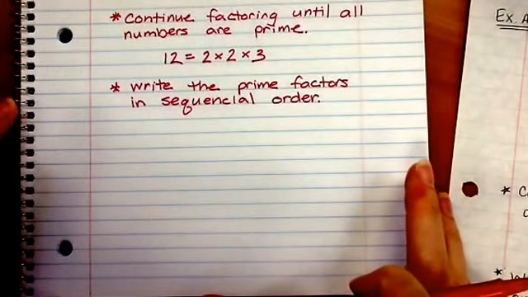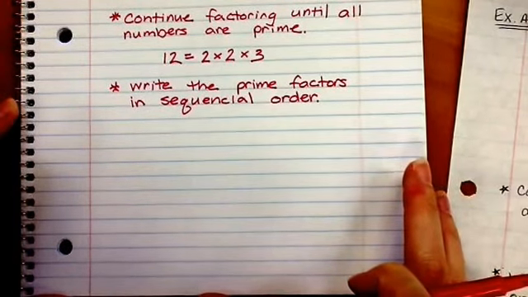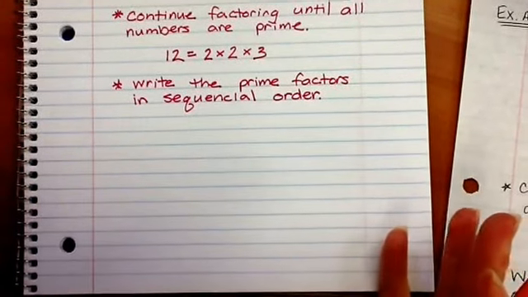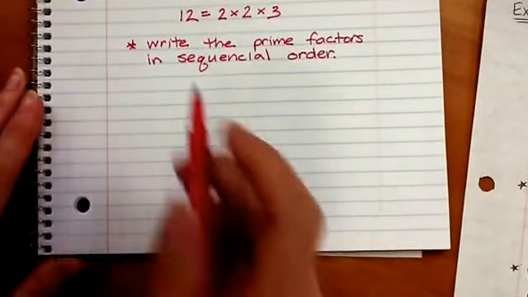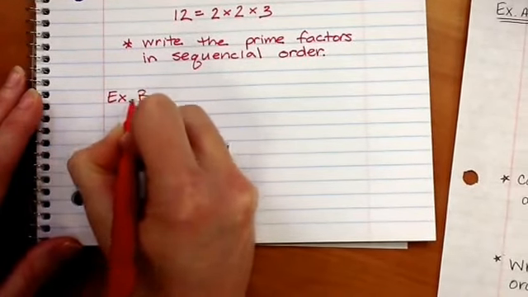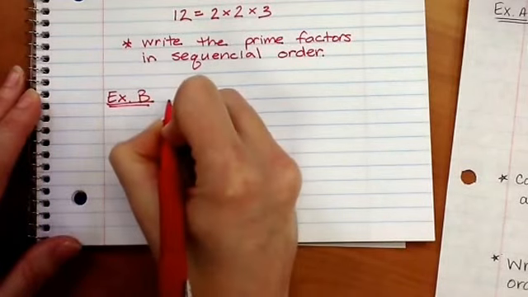Now, in math, there's typically always more than one way to do something. So I want to give you another example of how you can do prime factorization. And this I'm going to call example B. And this is another method.